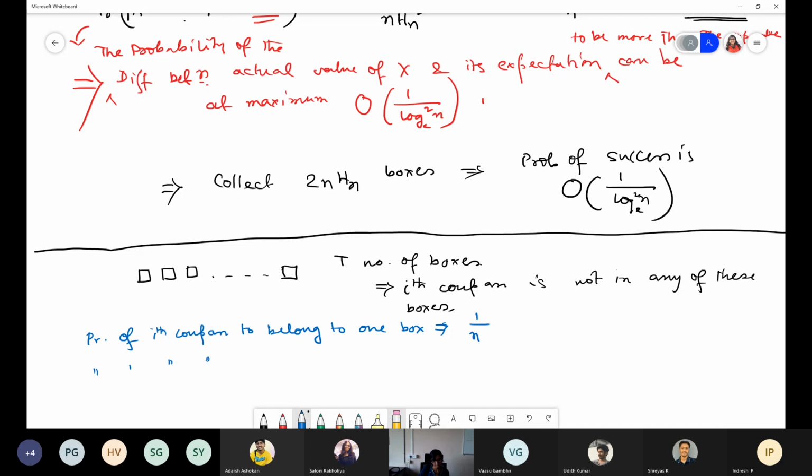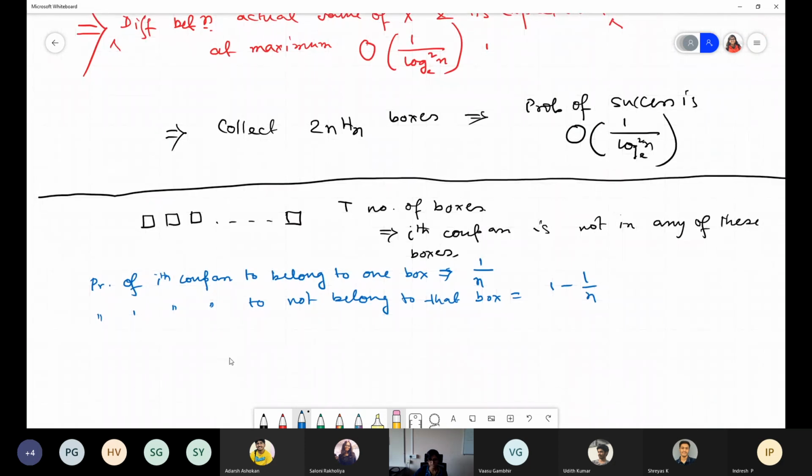The same coupon to not belong to that box is equal to 1 minus 1 by n. Agreed? Now I am taking the probability of this particular coupon not belonging to any of these boxes. I have t number of boxes and this coupon is not belonging to any of these boxes. What will be my probability?